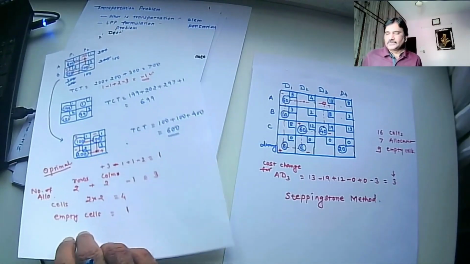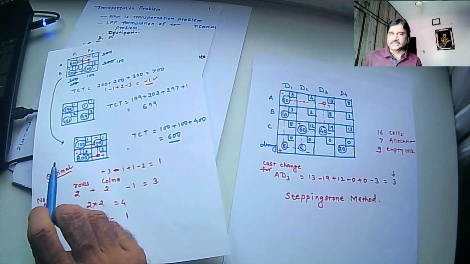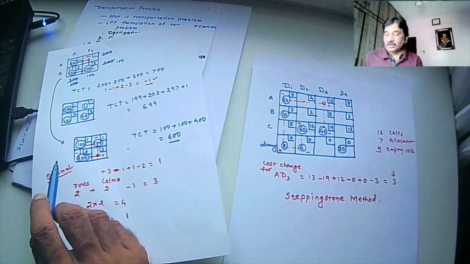For that we took a very small problem, through which we tried to understand the concept of the test for optimality.